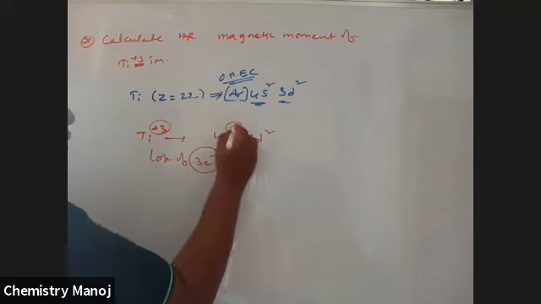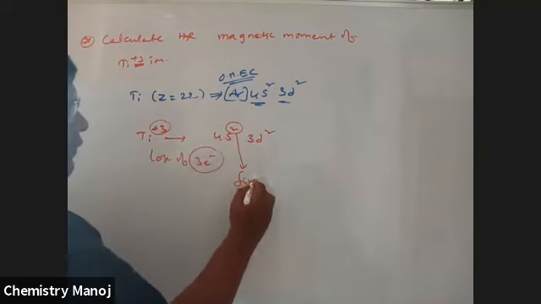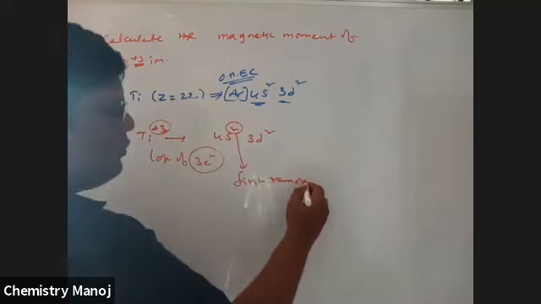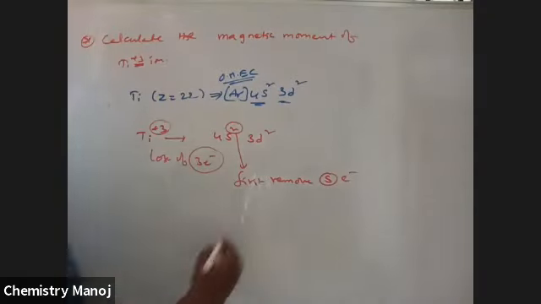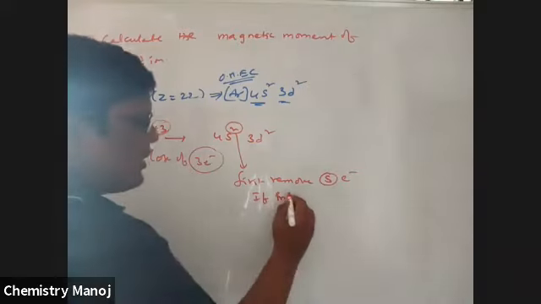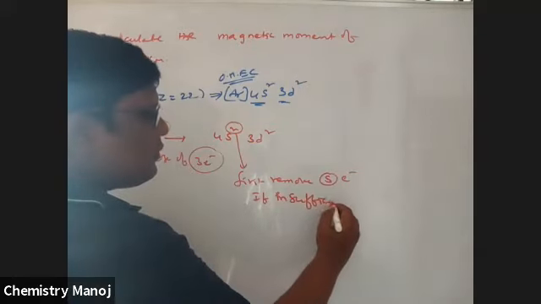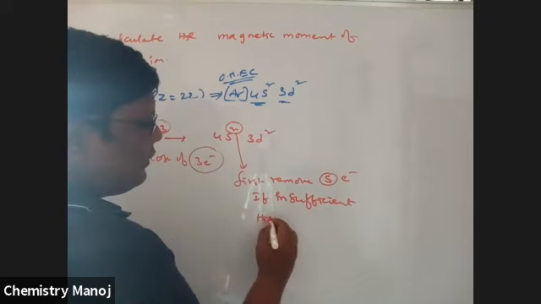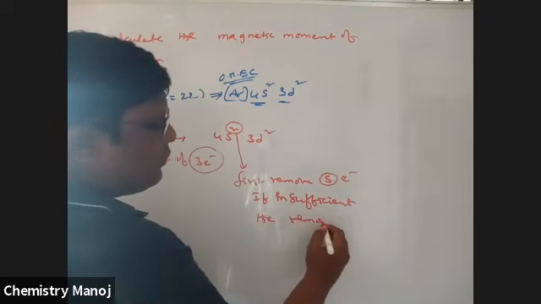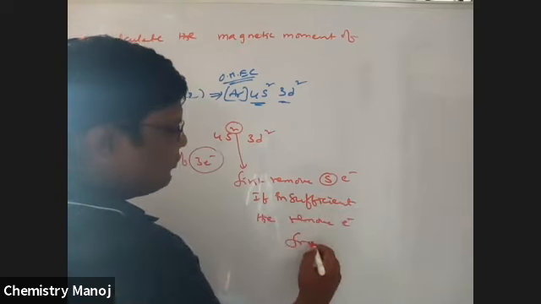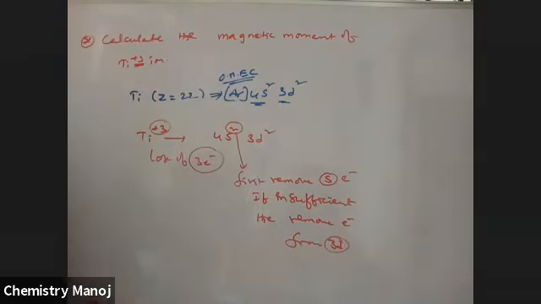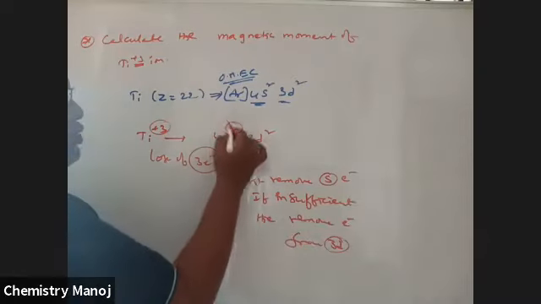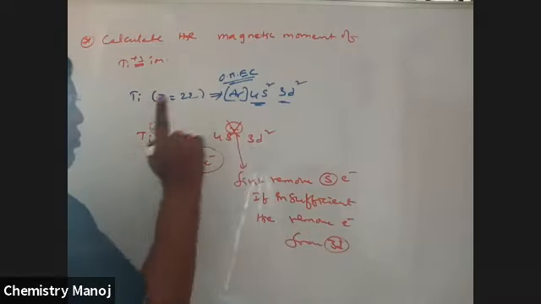First remove the s electrons. If insufficient, then remove electrons from 3d. So these 2 electrons are removed, and one more should be removed.